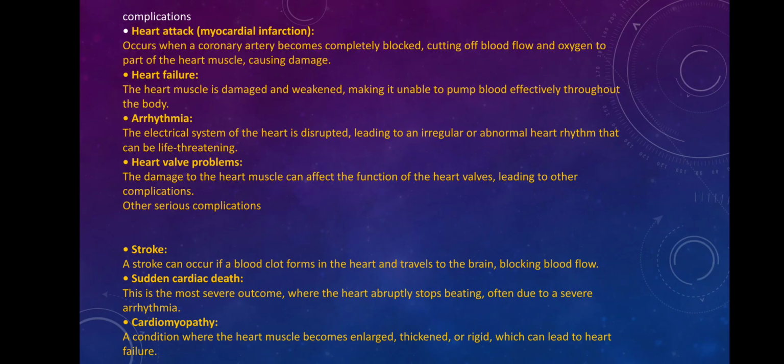Then arrhythmia: the electrical system of the heart is disturbed, leading to irregular, abnormal heart rhythm that can be life-threatening. Then heart valve problems: damage to the heart muscle affects the function of the heart valve, leading to other complications.